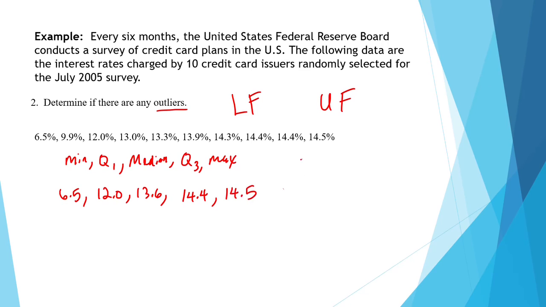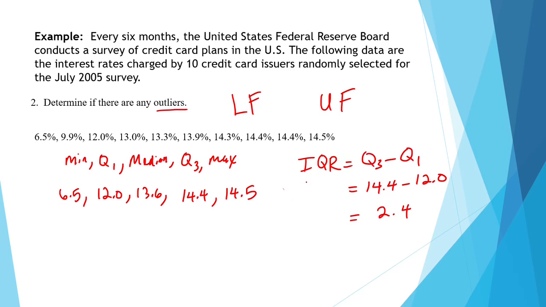We'll find the IQR first, the interquartile range, and that's equal to Q3 minus Q1. So we're going to take 14.4 and subtract 12.0. This gives us an IQR of 2.4.